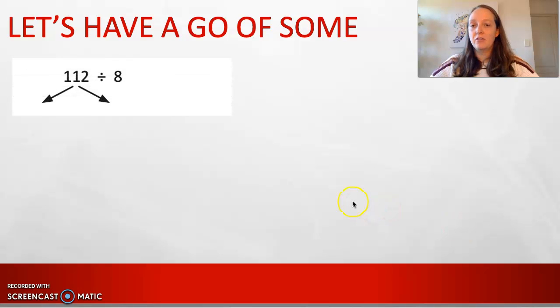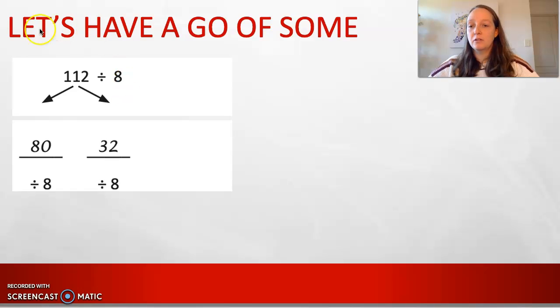If we have 112 divided by 8, we think again how we could split this up into multiples of 8. So the first multiple we're going to try again is 80, because we know that 8 times 10, that's quite simple, gives us 80. And the leftover from 112 would be 32.